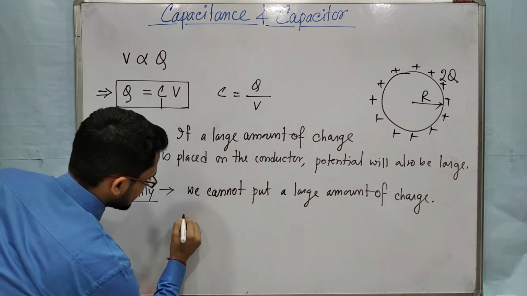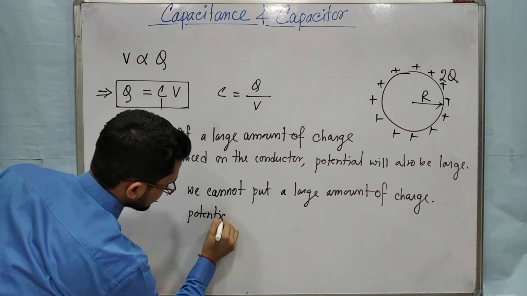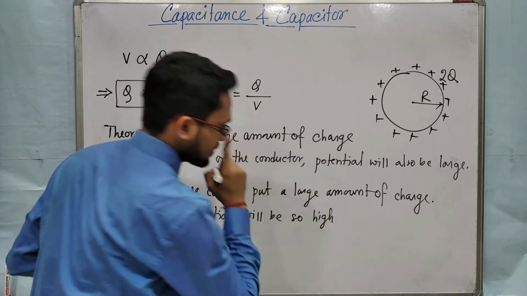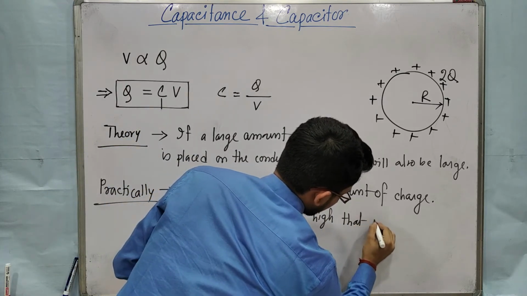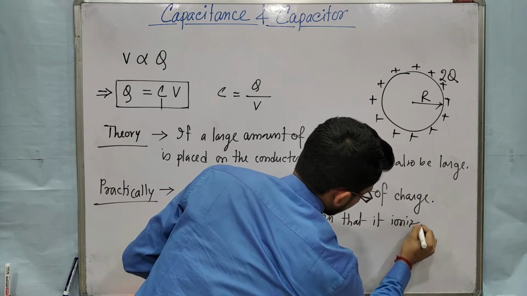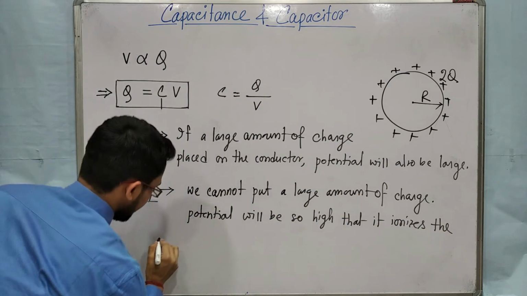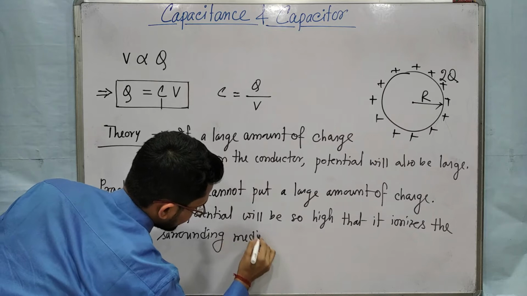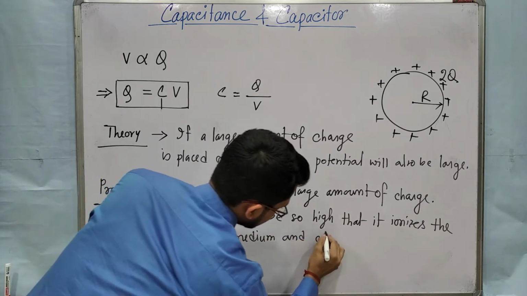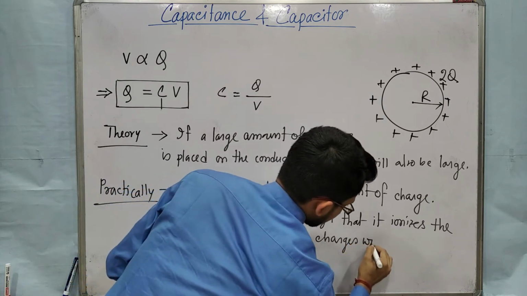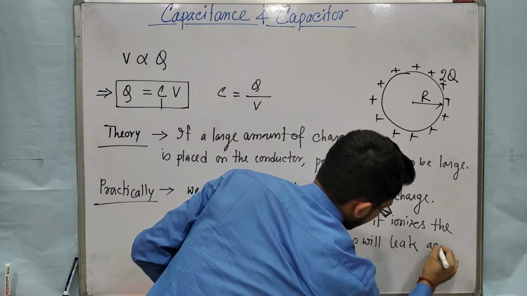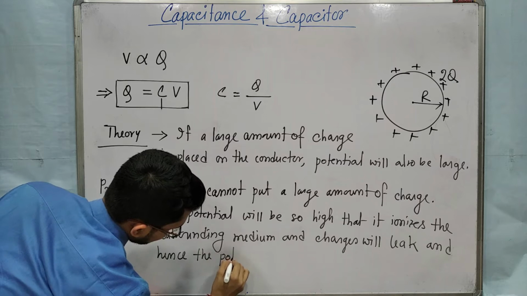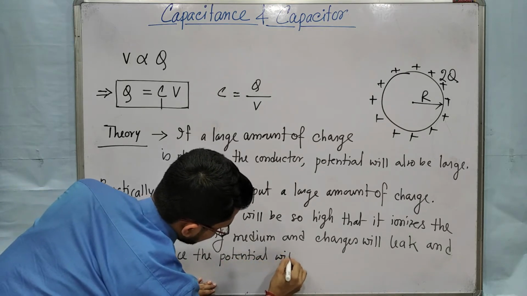First, the potential will be so high that it ionizes the surrounding medium, and charges will leak and hence the potential will decrease.